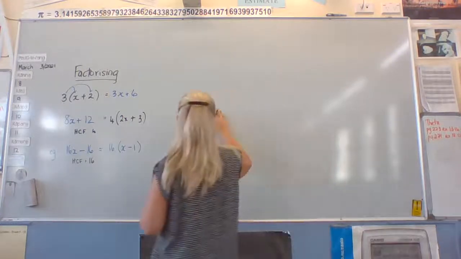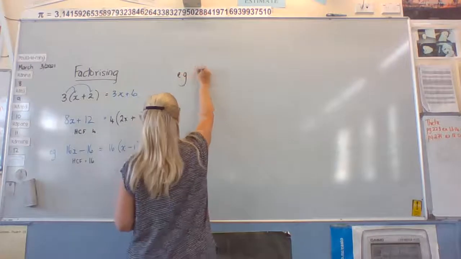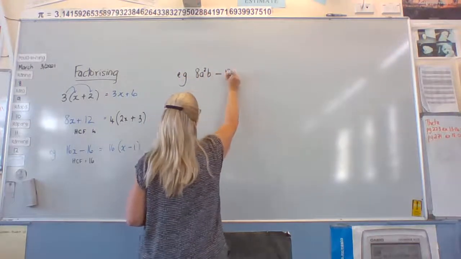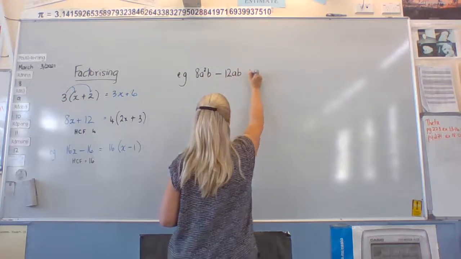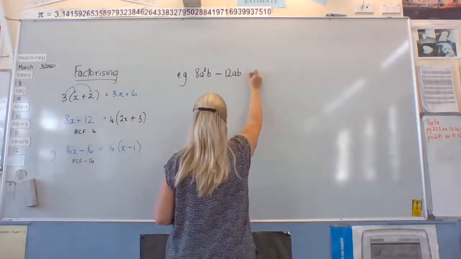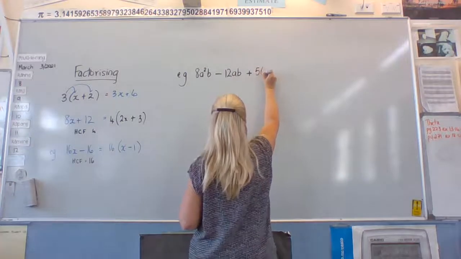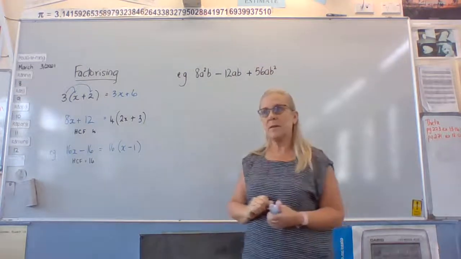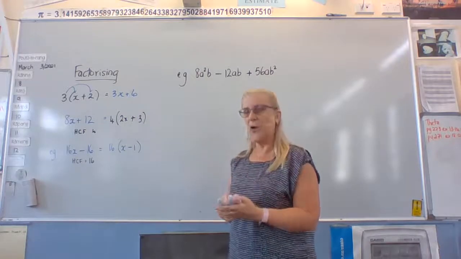Then we moved on into year 11, and we started to make the terms bigger. So we might have had something like this to factorise. It starts to get a little bit more complicated.